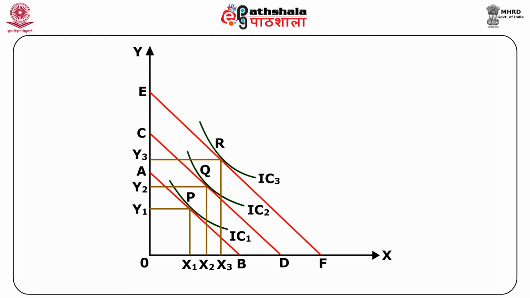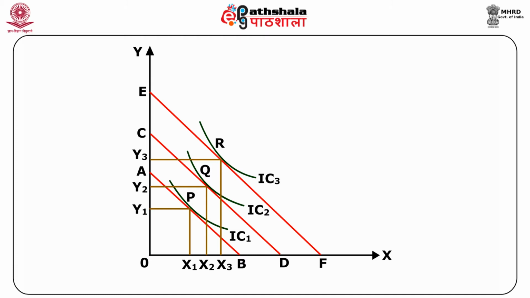In the figure, AB indicates the budget line for a given income level M1 and given prices. The consumer is in equilibrium at point P when indifference curve IC1 is tangent to the budget line AB. At P, the consumer purchases OX1 of commodity X and OY1 of commodity Y.